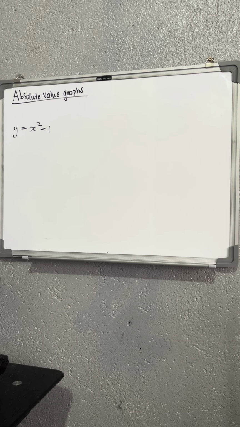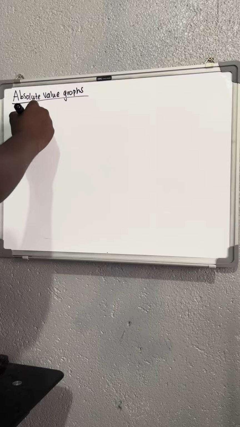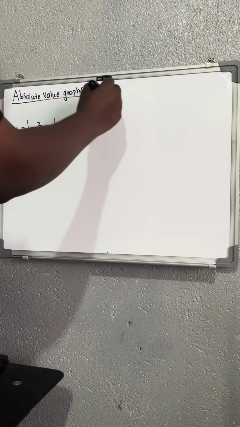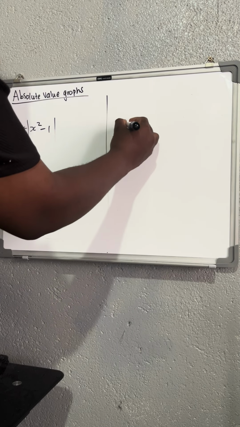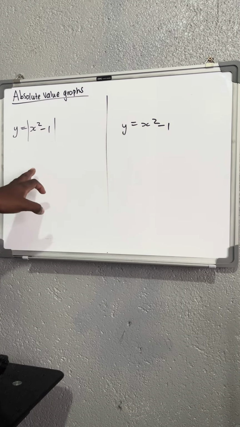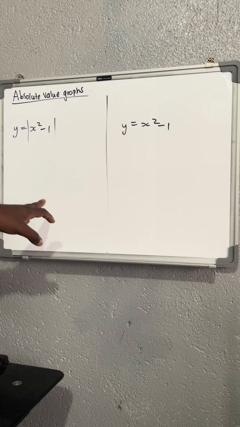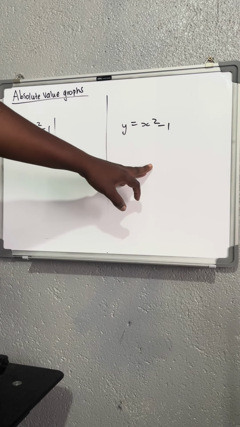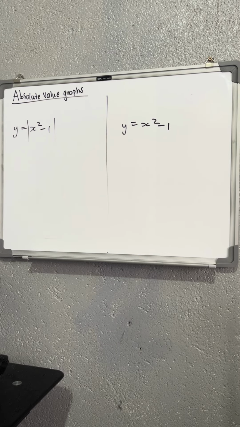I was actually supposed to do it like this. Now on this side you will say you have y equals x squared minus 1. This is where you are trying to draw the original, then move to the absolute.